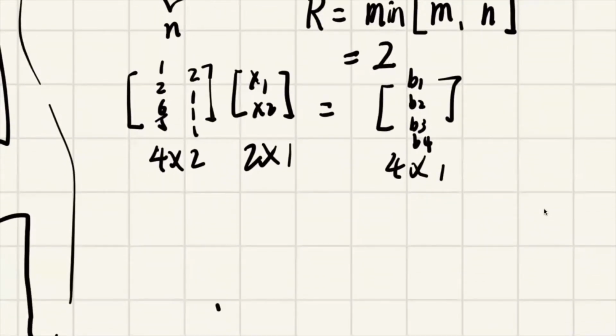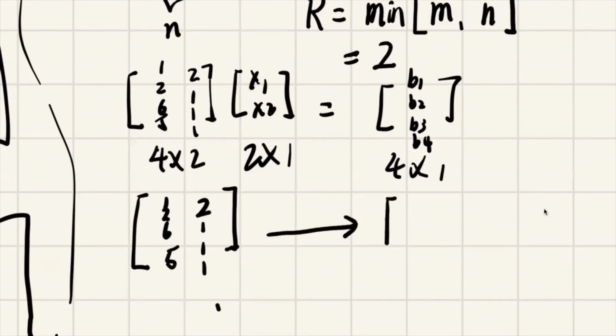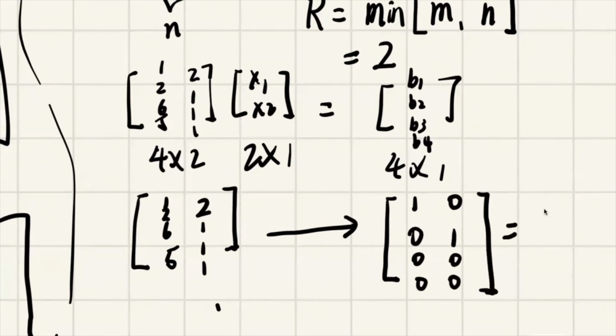We have to know that the matrix can always be reduced to 1, 0, 1, 0, 0, 0, 0, 0. This is for sure, and it equals something. If we first deal with Ax equals 0, it will be 0.